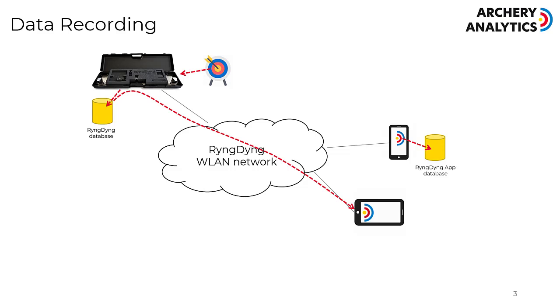This is why RyngDyng has got its own database. The app will retrieve also previously recorded error positions, and then the databases of both apps are synchronized, showing the same data. So this provides access to the history of data.